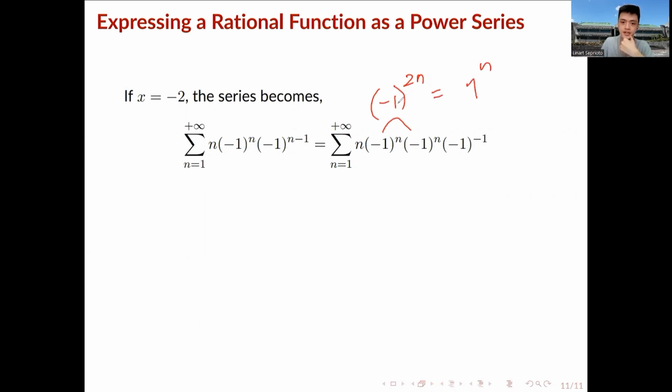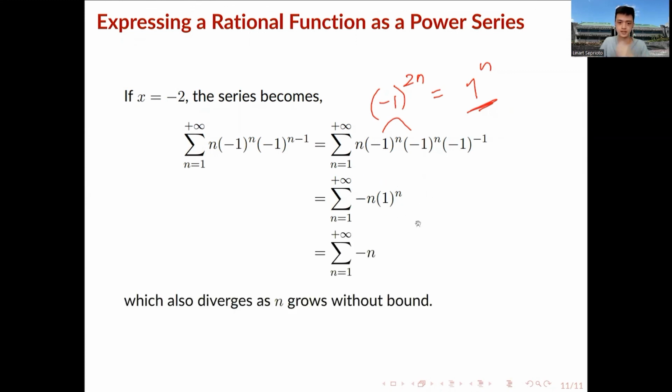Kasi negative 1 squared is 1. Tapos, yung n, it will retain. Okay? So, ganito na siya. So, we will end up with negative n. So, yung negative dito, it's coming from negative 1 raised to negative 1. Tapos, negative n times 1 raised to n. Yun yung summation.